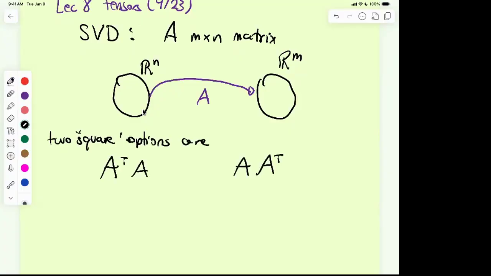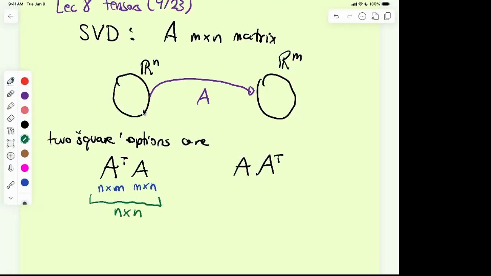Let's just check one more time that the numbers match. A is M by N, so when you transpose it, you get N by M. So overall, A transpose A would be an N by N matrix.